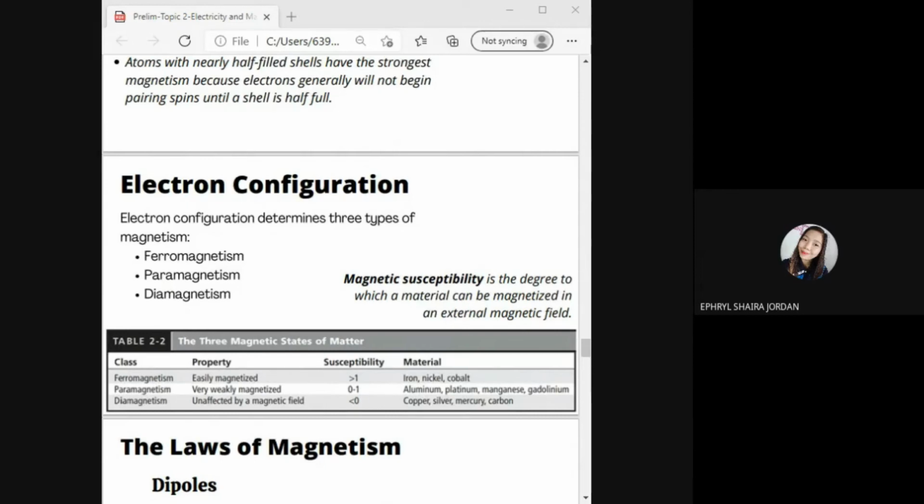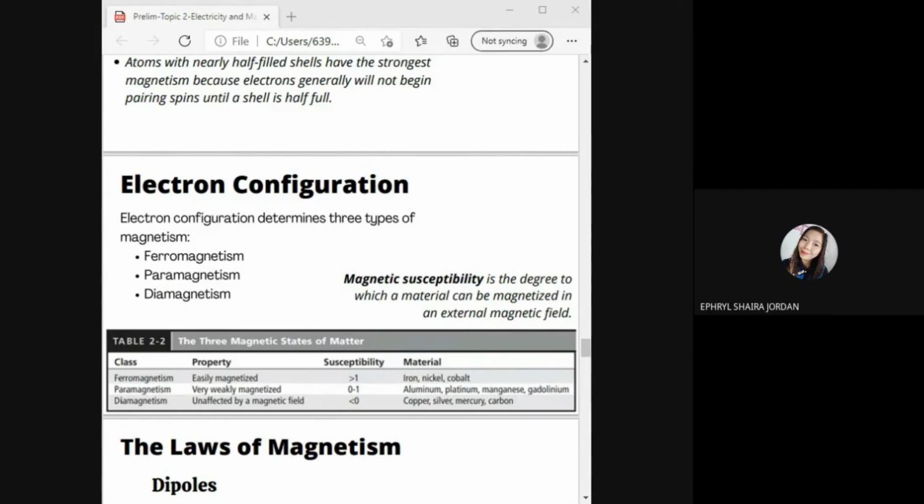So, again, included dito ang gadolinium. Just so you know, the contrast that we are using in MRI is gadolinium based. So if you will be asked what magnetic property an MRI contrast media has, it is paramagnetic.